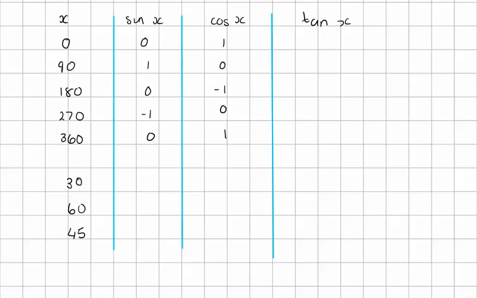Way to remember: sine starts at 0 and goes up. So 0, 1, 0, minus 1, 0. Cosine starts at 1. That's two things to remember. Start at 0, go up. Start at 1, go down. Sine and cosine.